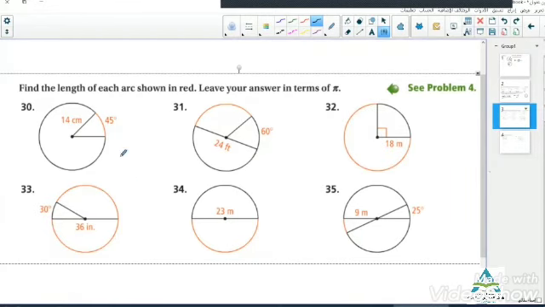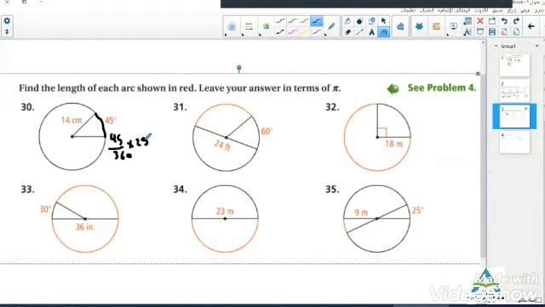He's asking us here about the red arc. So this is the red arc. It's going to be, Ahmed, 45 over 360 multiplied by 28 pi.